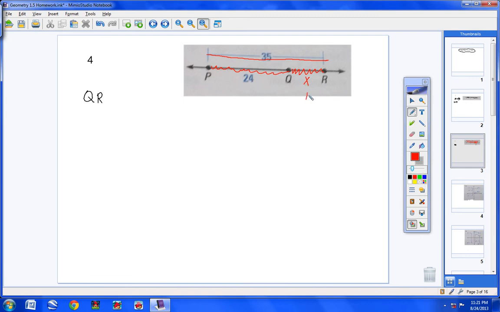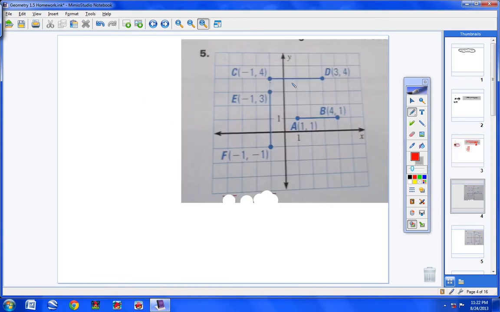Well, obviously it would have to be 11, because PQ is 24, and if QR is 11, then 24 plus 11 equals 35, and it does. Or another way to look at it would be 35 minus 24 is 11. So the length of QR is 11.